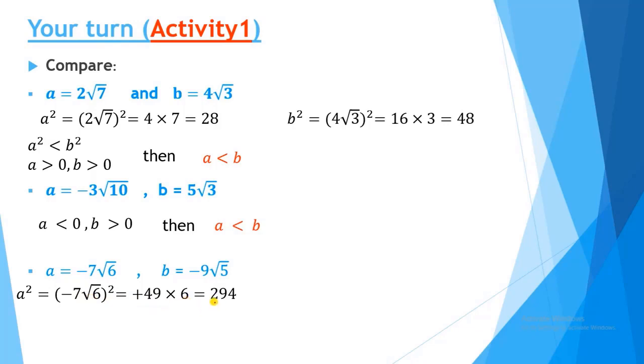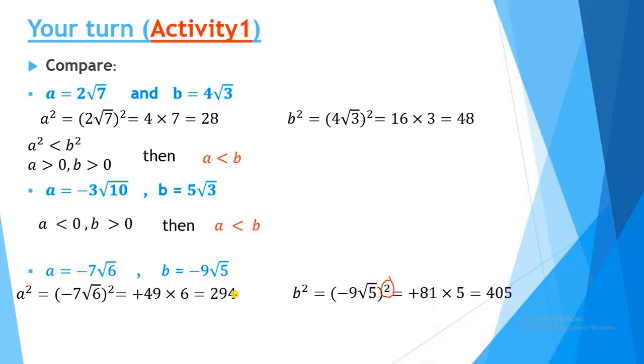The result is 294. The second step, squaring B. B squared, (minus 9 radical 5) squared, because this power is even, the result is a plus. The square of 9 is 81 times radical 5 squared, which gives 5, and the result is 405.